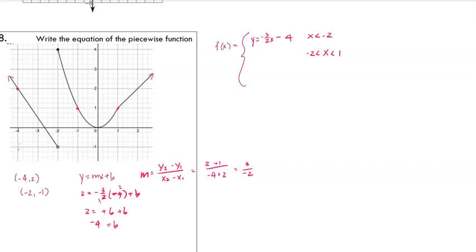No, unfortunately, a doesn't look like 1, but we can figure out y equals a x squared. The way I could figure out a is to put in some points.